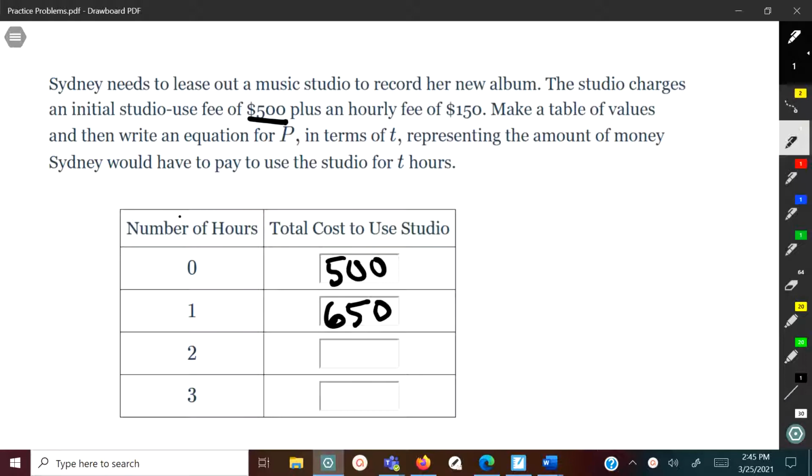Then after 2, we add another 150, and we get 800. And after 3, we're going to add another 150, or you could really say 3 times 150 added to the 500. So 3 times 150 added to the 500 will get you 950.